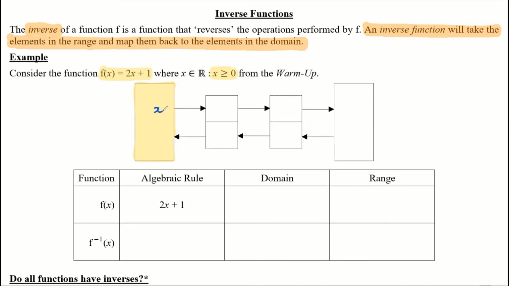Well, if we're applying f, so f being 2x plus 1, the first thing I need to do is to multiply my element by 2, and then I need to add 1. So this is simply a function machine, isn't it? And my output, of course, is going to be 2x plus 1. And I'm now in the range of f.